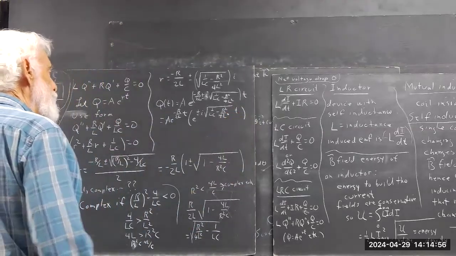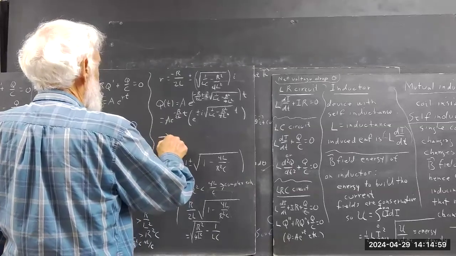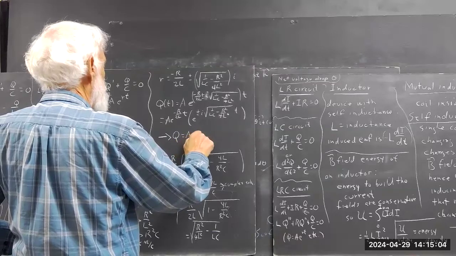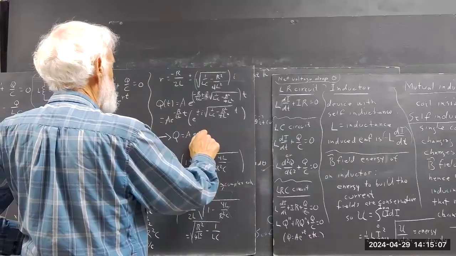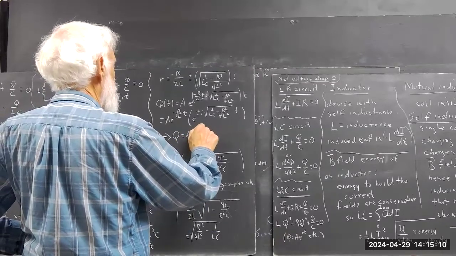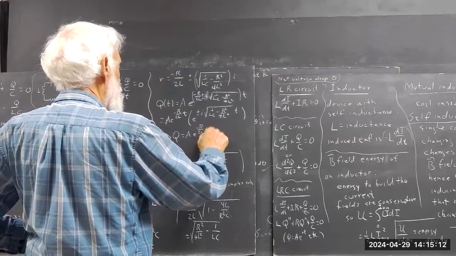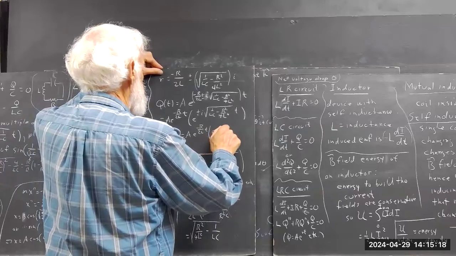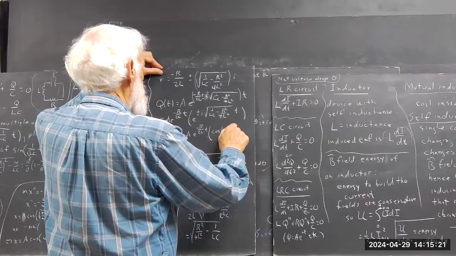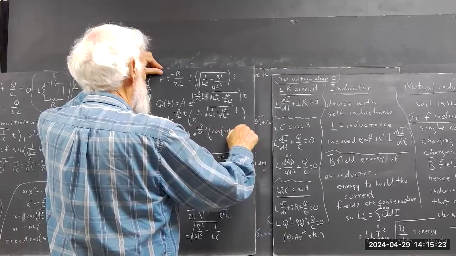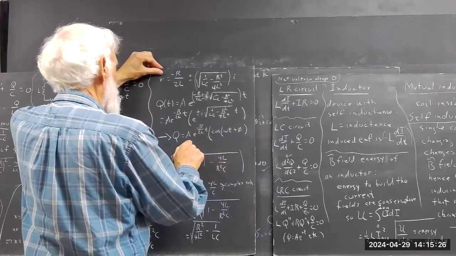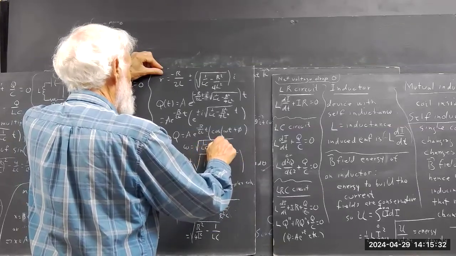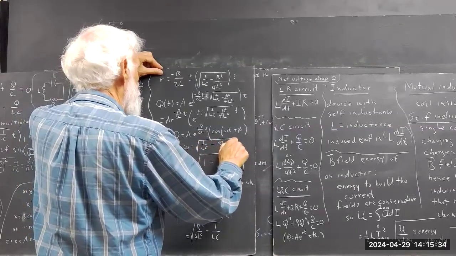Okay. This implies, for some constant A, Q of t equals A e to the negative R over 2L t times cosine of omega t plus phi, for omega equals the square root of 1 over LC minus R squared over 4L squared.